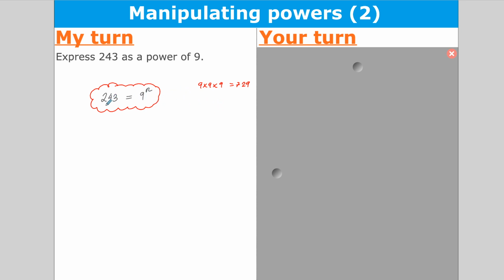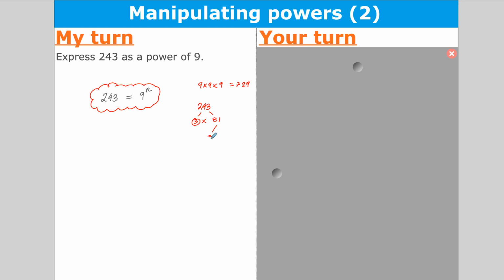Now, if we want to write it as a power of 9, I've got a little trick. Why don't we just use our prime factor decomposition for 243? Write this as prime factors. So what we can do is we can say 243 is 3 times 81.